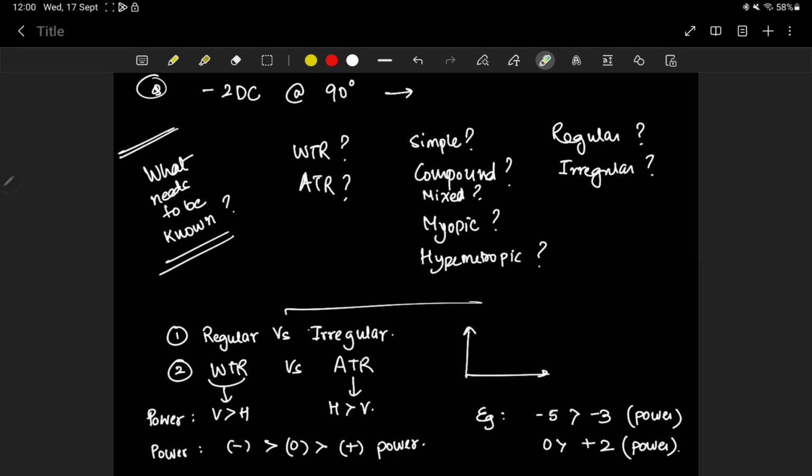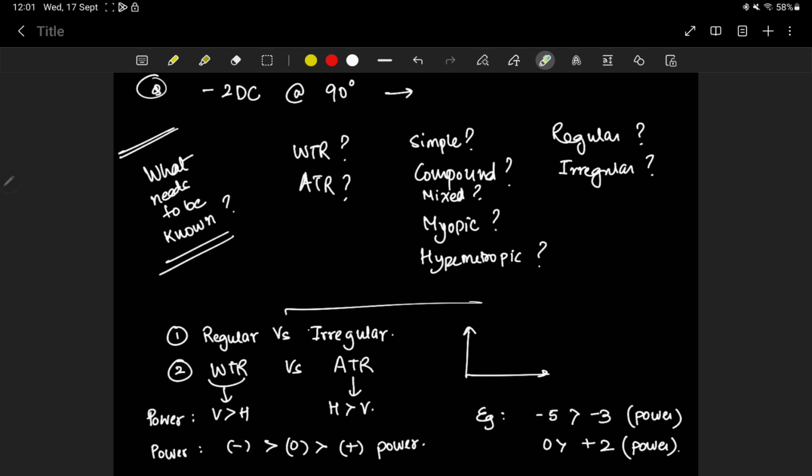An irregular one will have a different orientation. This is the vertical, this is horizontal, this is M1, M2, but they are not typically vertical and not typically horizontal. So these are irregular astigmatism diagrams. We'll be more clear with questions actually. This is just for a brief understanding.